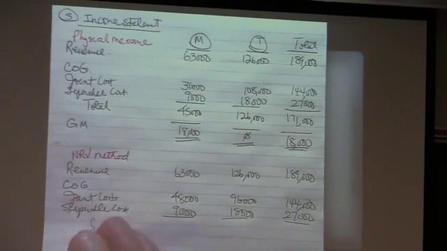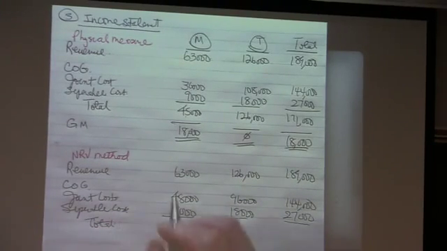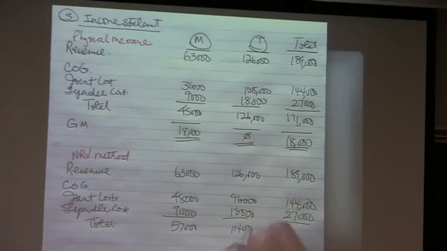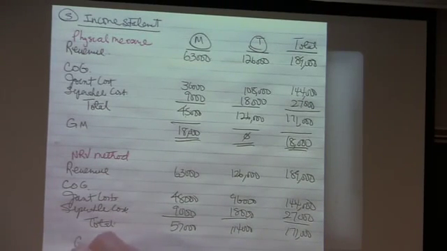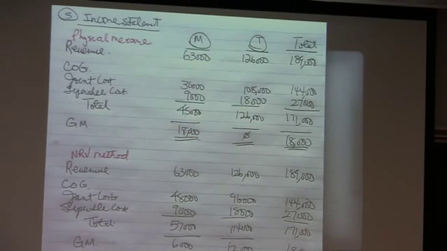Total cost is 57,114. And gross margin is 6,000, 12,000, and 18,000.